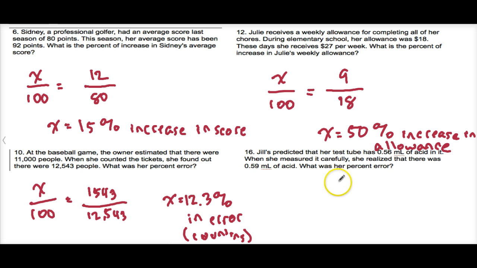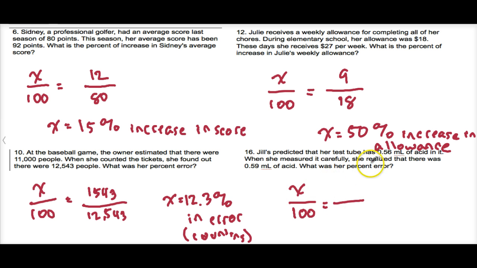And number 16, Jill predicted that her test tube had 0.56 milliliters of acid. She measured it carefully and realized that there was 0.59 milliliters of acid inside. What was her percent error? So again, we don't know the percentage. If we did know, we'd put that there, and we'd put the x where we don't know. So the percent error we don't know is there.